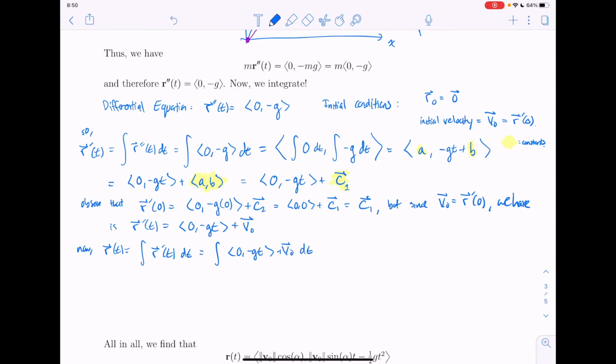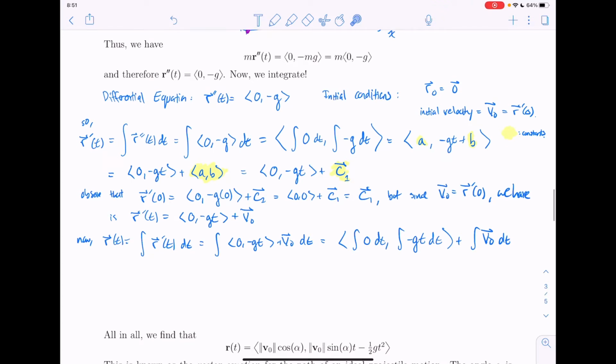Now there's a couple ways to visualize what we're about to do. You could apply this integral to the first vector and then add it to applying it to the second vector. And if we do that, we might get something like this. The integral of the vector containing the integral of 0 dt and the integral of negative gt dt, plus the integral of v naught dt.